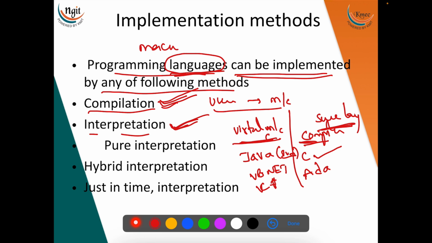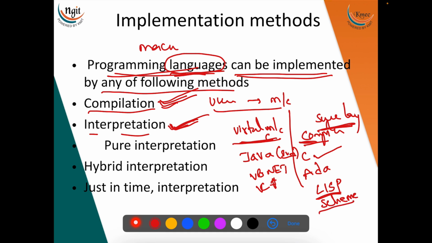And interpretation is also chosen by most programming languages to implement the program instructions written by the user. The languages which use interpretation as the implementation method are Lisp, list processing, the language name, and Scheme. Scheme is also a language, and this language also uses an interpreter.